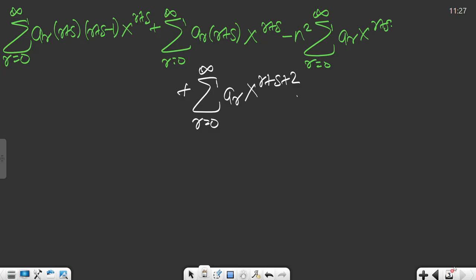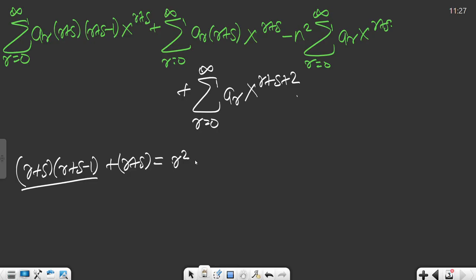Okay, and now if we go further, we're going to take common in these terms. Before that, let me talk about something here. If we talk about r plus s times r plus s minus 1 plus r plus s, let's just multiply these two things. That's going to give us r squared plus rs minus r plus rs plus s squared minus s.